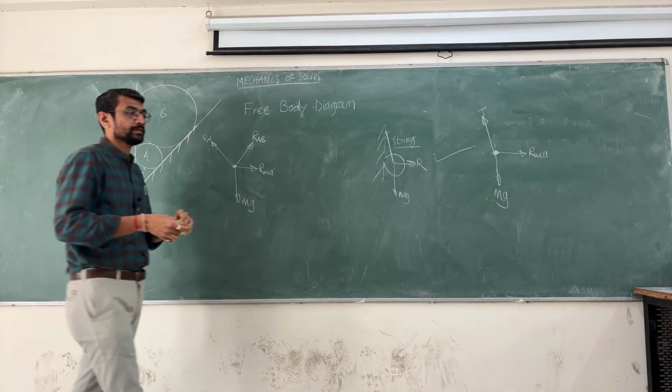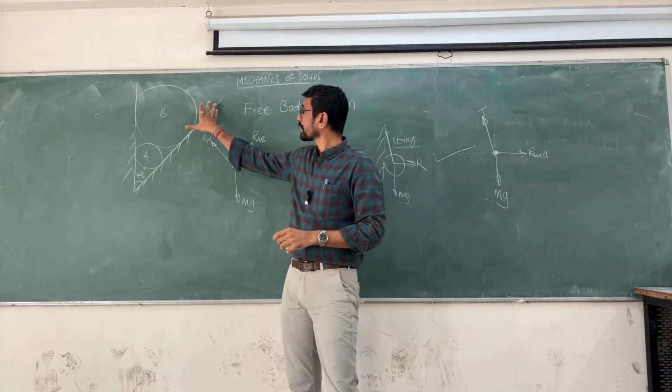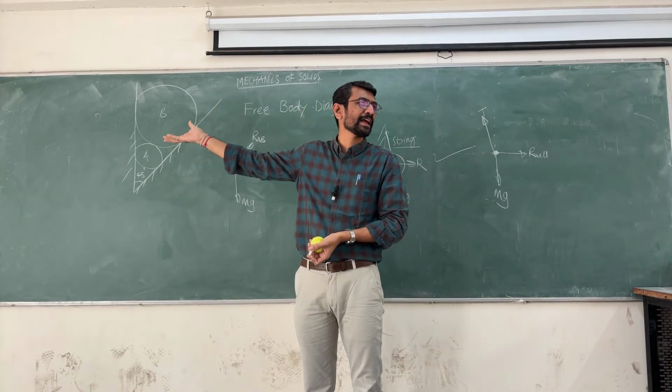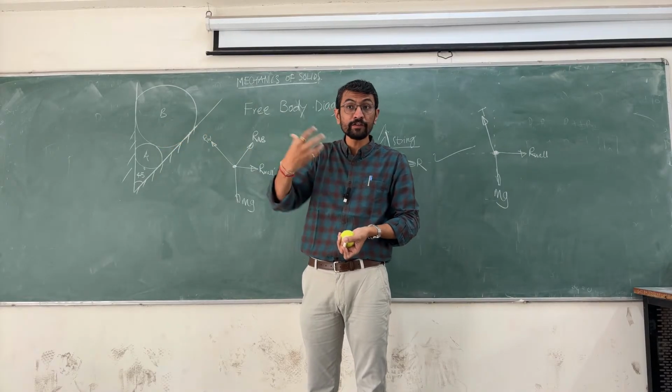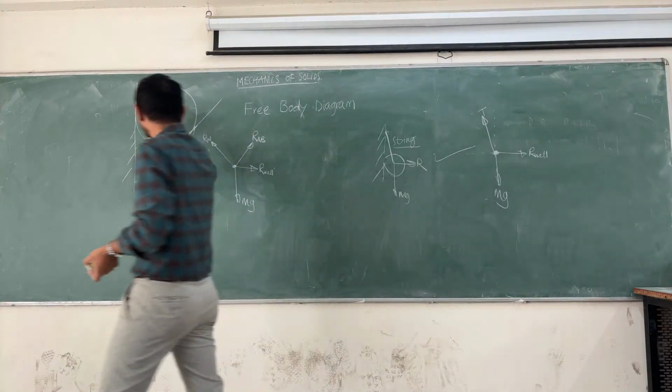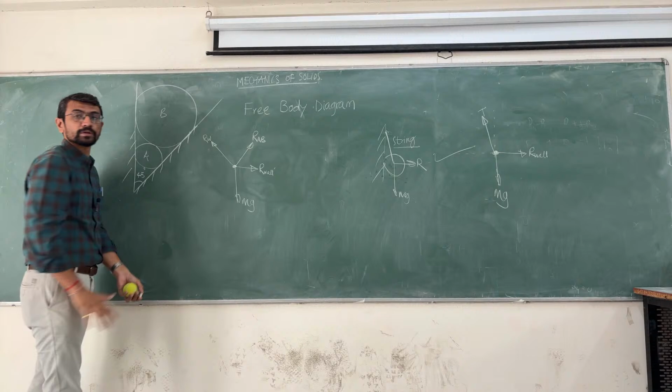Any person who has not studied this subject, if you ask them, this is a very simple thing to imagine, how many forces are acting on the ball, nothing is happening. But now we know that to make this system equilibrium there are a number of things which are playing a role.